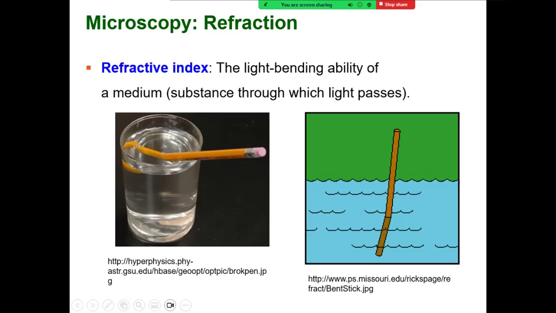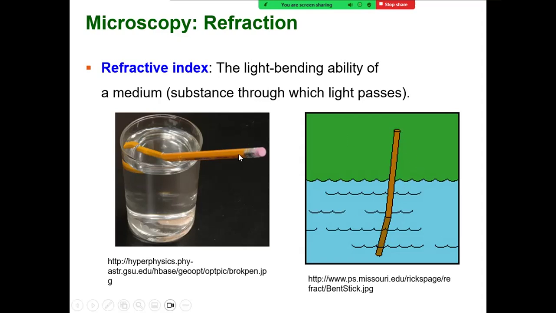All right. Another property of light is it bends when it passes through a medium and goes into another medium. Like when light is passing through water and then goes out of the water and it's passing through the air. That makes the light bend at the switch in media.